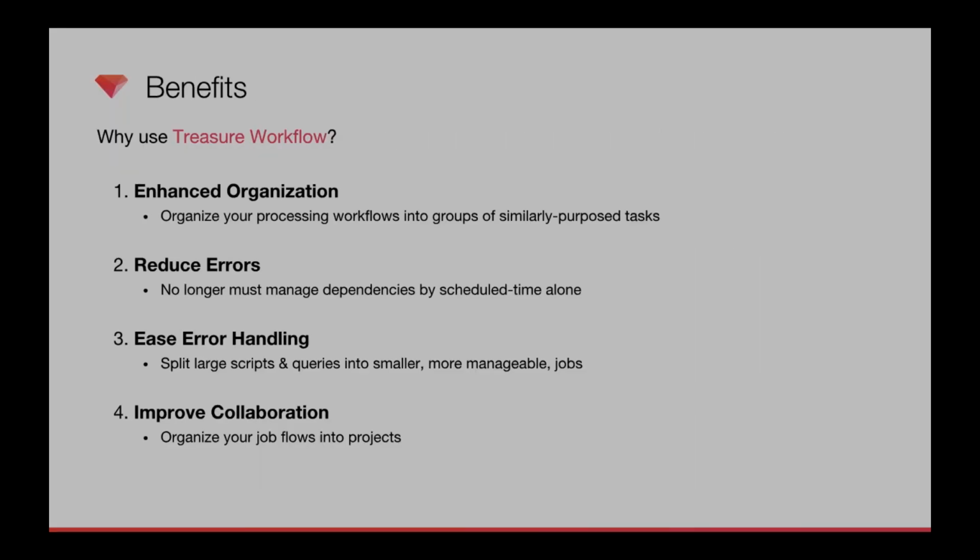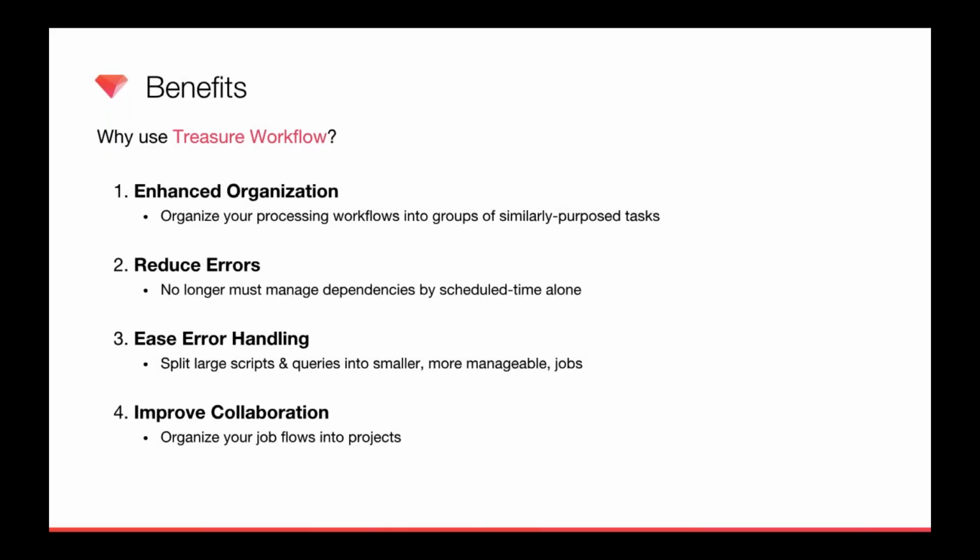So what this means is a high level of organization and visibility into your data processing, which can mean easier collaboration across teams, pipelines that are easier to fix, troubleshoot and maintain, and functionality that allows you to handle errors easily.